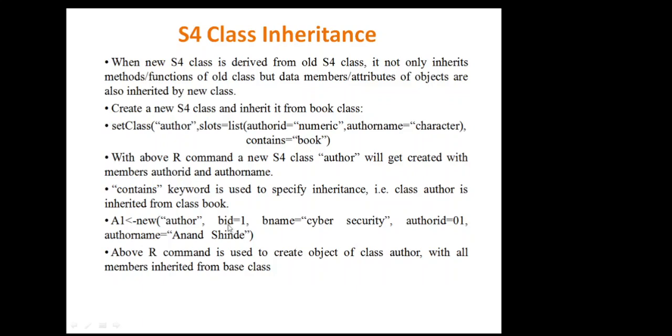So in the book class the bid attribute is there, the bname attribute is there. Then while creating an object of the author class we need to specify values for book ID and book name also, then the value for author ID and then the value for author name. So this is how inheritance can be implemented in S4 class.